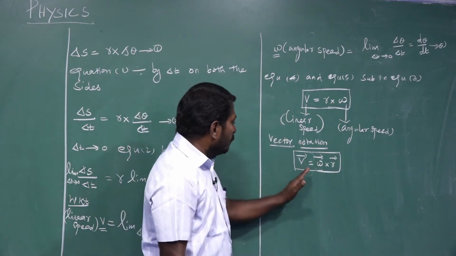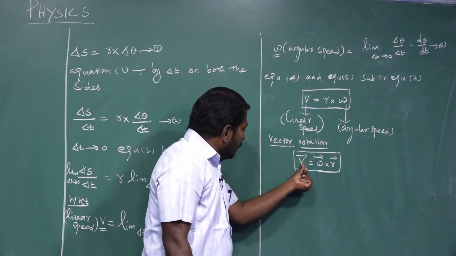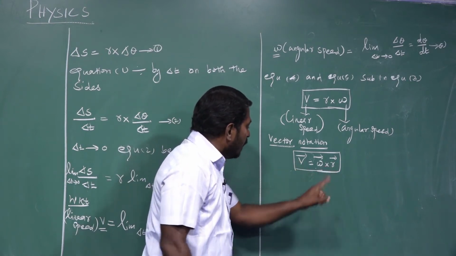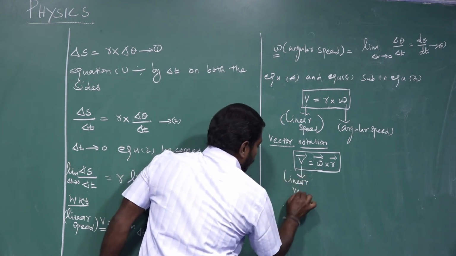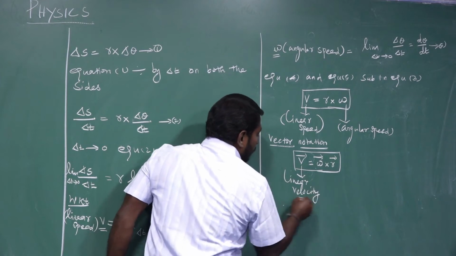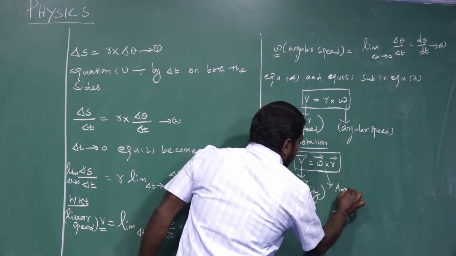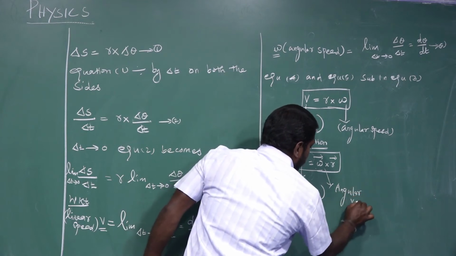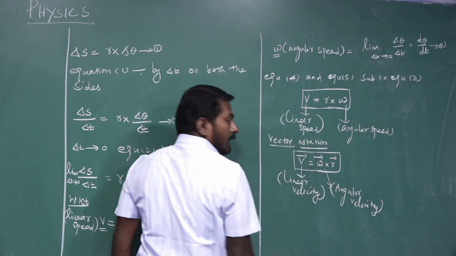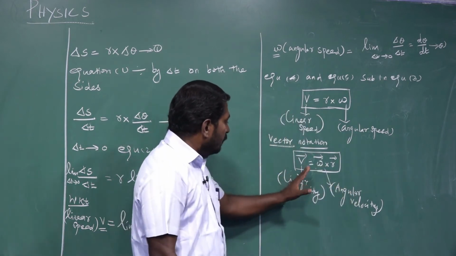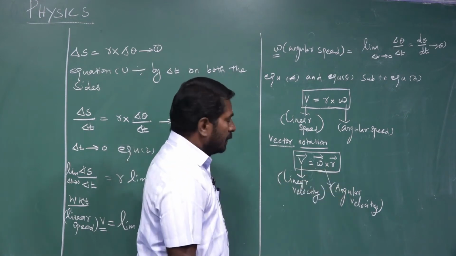It is the right way to express the linear velocity and angular velocity. Linear velocity v vector and angular velocity omega vector can be expressed as v vector is equal to omega vector cross r vector.